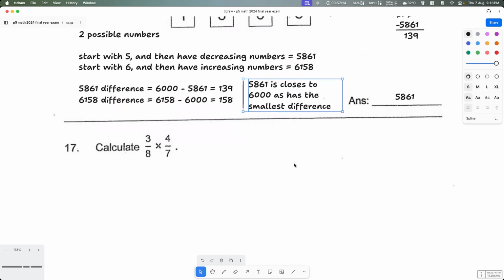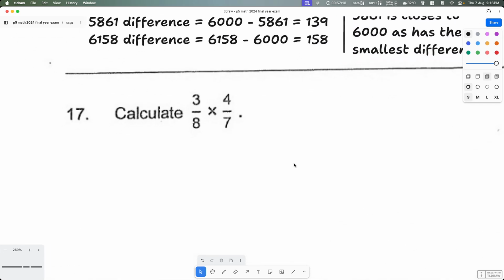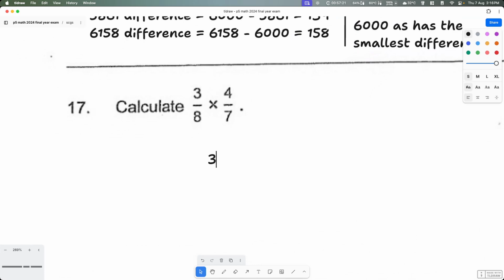Question number 17. Calculate 3 over 8 times 4 over 7. So I'm going to put here 3 over 8 and then 4 over 7, and then we multiply. In this case, we can divide by 2, so 8 we can cancel, and we can cancel this and this.